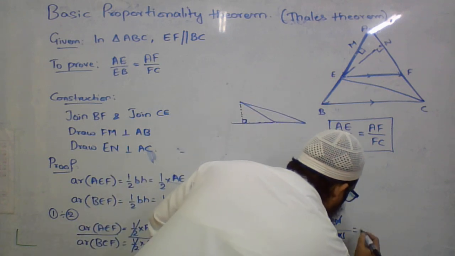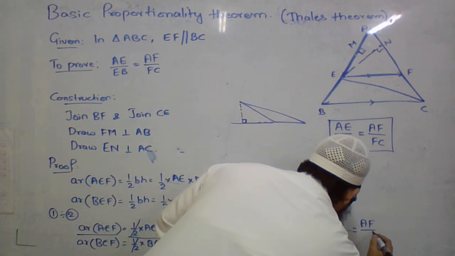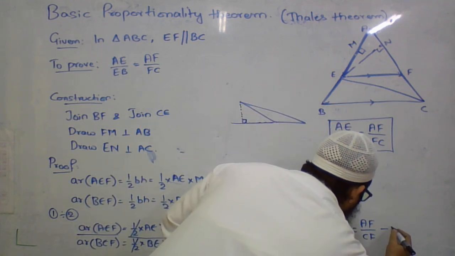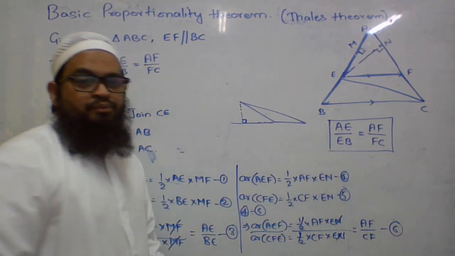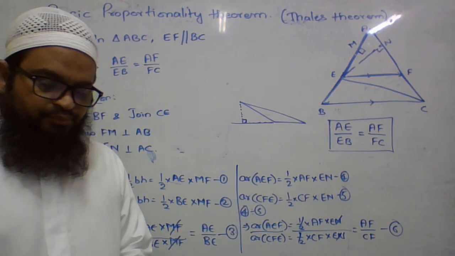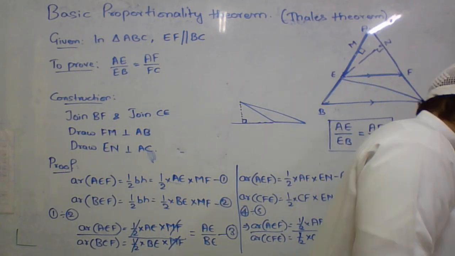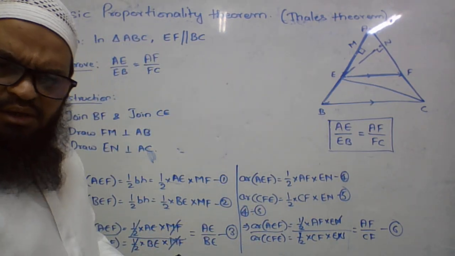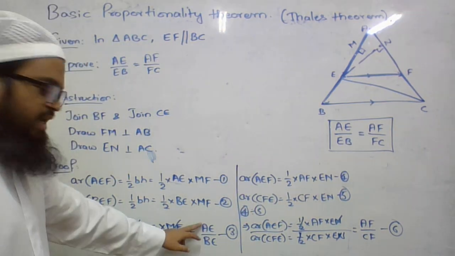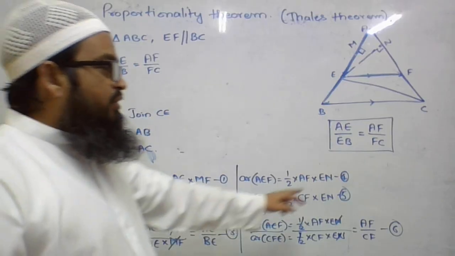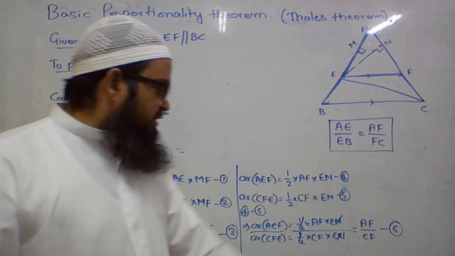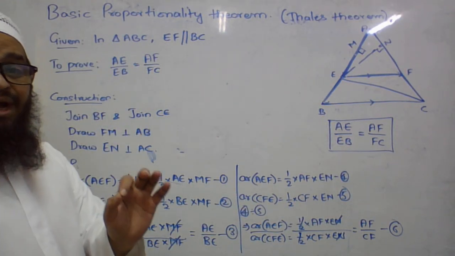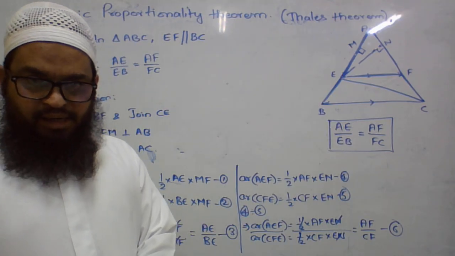So what is left out? AF by CF. So this is the sixth equation. Till here understood? See, you got AE by BE in the third equation and AF by FC in the sixth equation. Now I have to show that these two are equal, right?